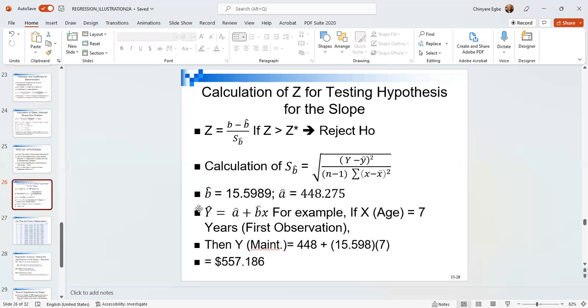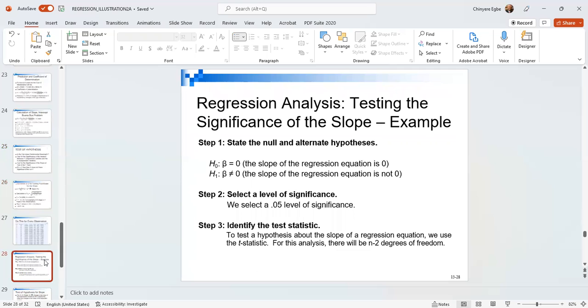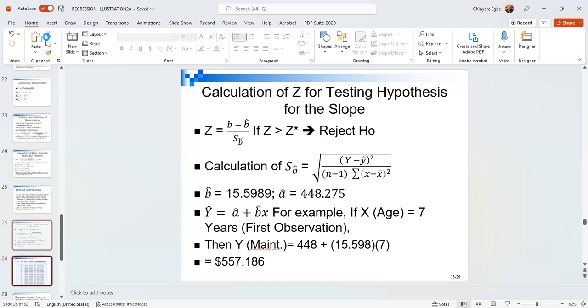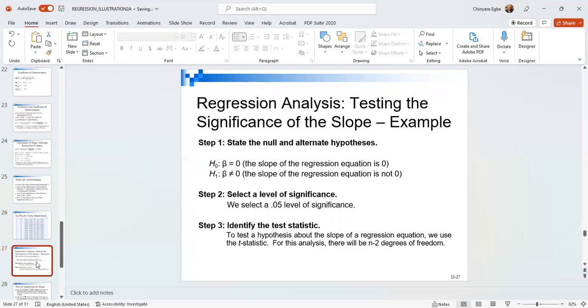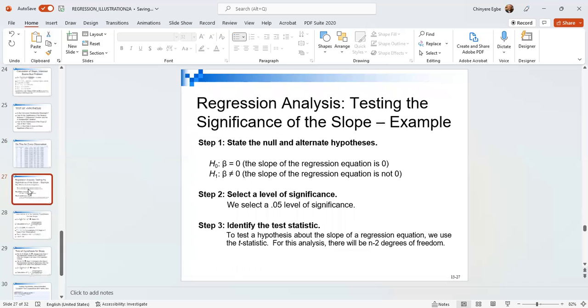So here, again, this is the mathematical formula for calculating the statistic, but let's focus on the basic concept, okay? So you state a hypothesis. So you have to begin the test of hypothesis the normal way.